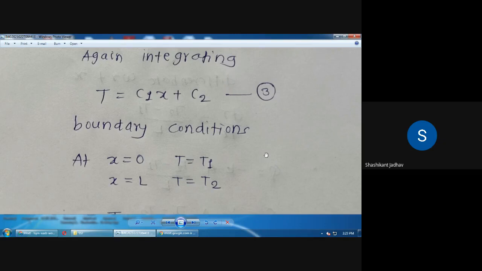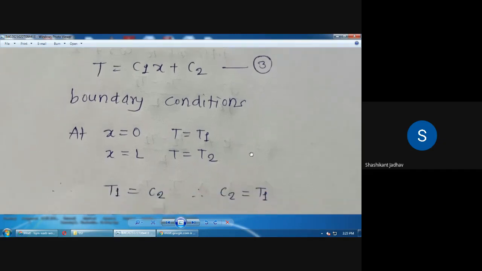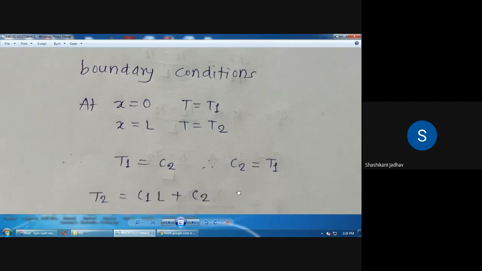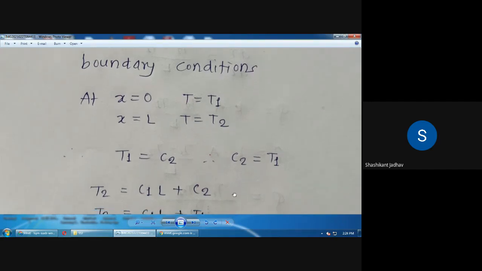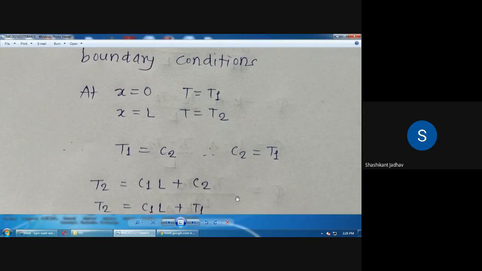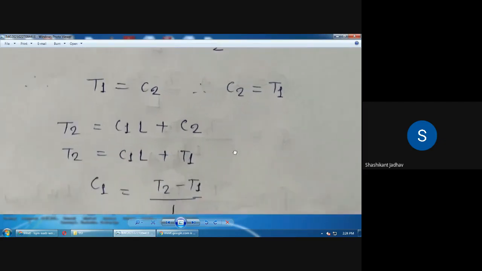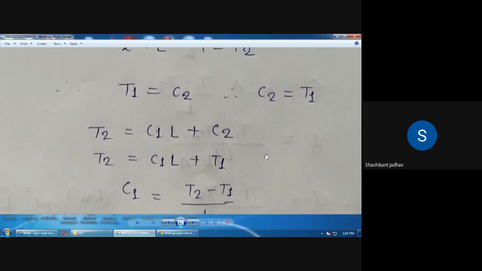Put those values into the equation, then we get the other constant. So from that we get the equation T2 is equal to C1L plus C2.